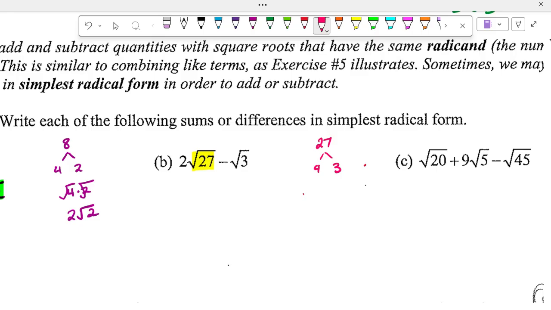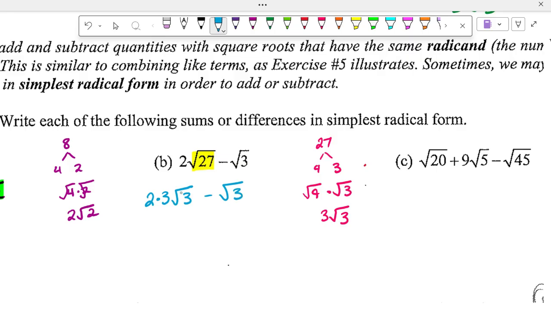All right. So I can rewrite this as the square root of 9 times the square root of 3. So what does this simplify down to? 3 square root 3. So I now have 2 times 3 square root 3 minus the square root of 3.